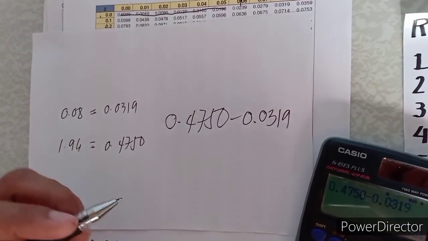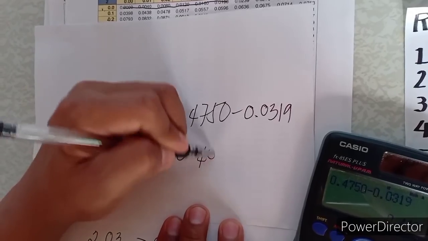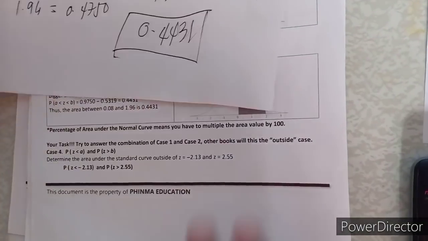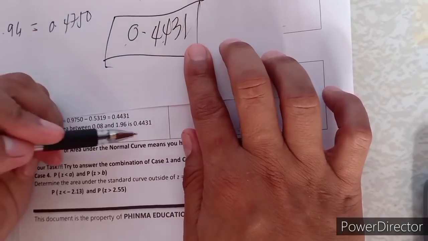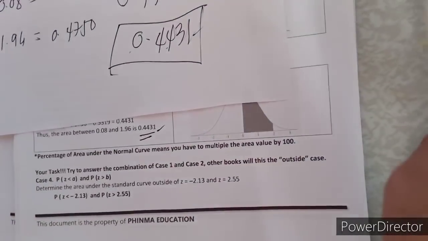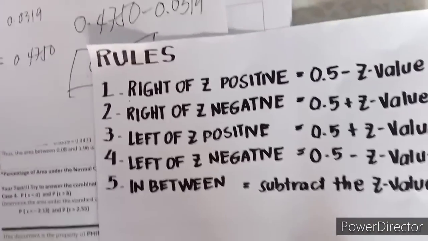Our answer is 0.4431. Tingnan natin kung tama tayo. Yes. 0.4431. Wala pong pinagkaiba. Ang saya-saya ng ating rules.